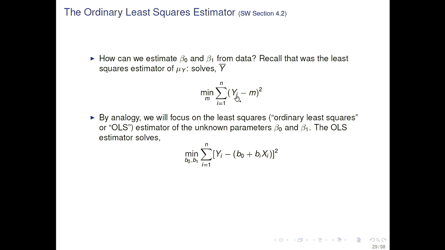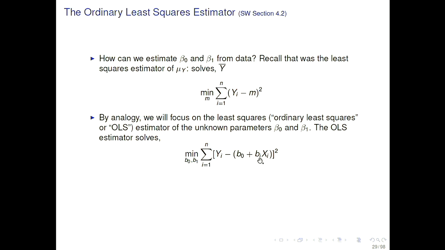So here, x is supposed to be informative about y. So using this information, we want to estimate the random variable y. And we specify the relationship in this way, linear. So instead of choosing one number, we're going to choose two numbers, b0 and b1. This is b1.